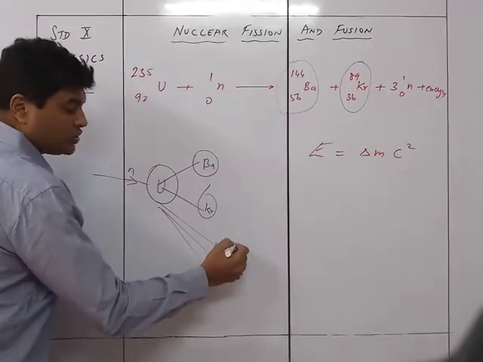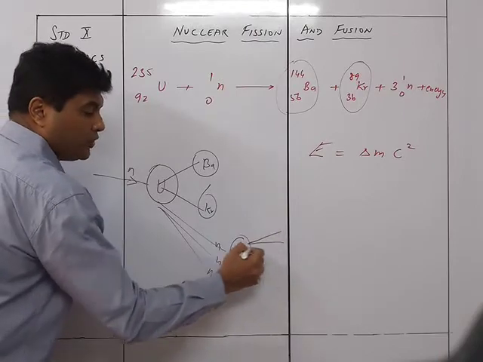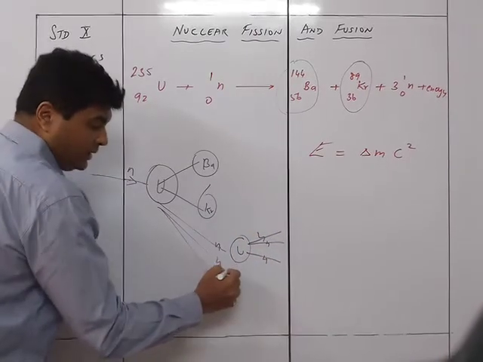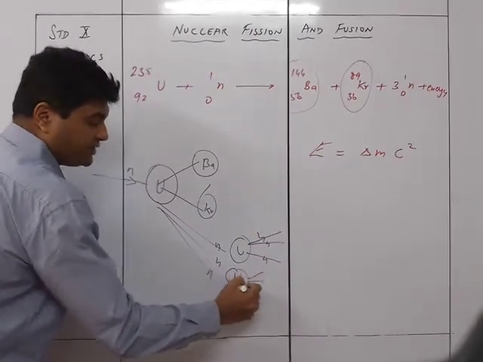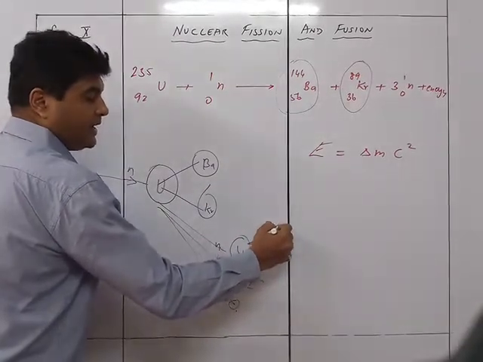So this neutron is going to hit another uranium and give you a further 3 neutrons. This is going to use another neutron and give a further 3 neutrons. Again here also. Similarly, this will again hit another.